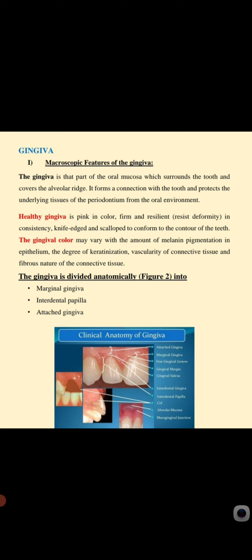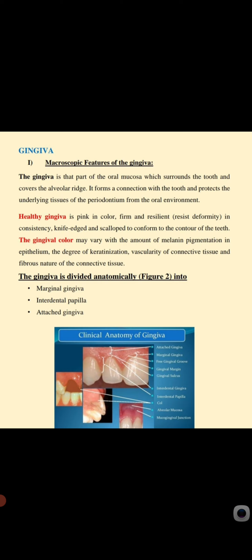And healthy gingiva is firm and resilient, meaning it resists deformity, with knife edge and scalloped margins. Scalloped means irregular, to conform to the contour of the teeth, like it becomes curved in the cervical margin to follow the contour of the teeth.